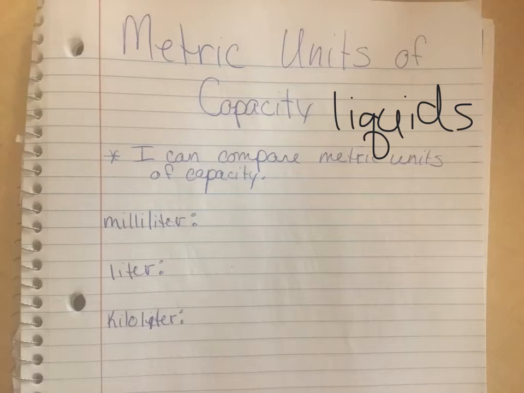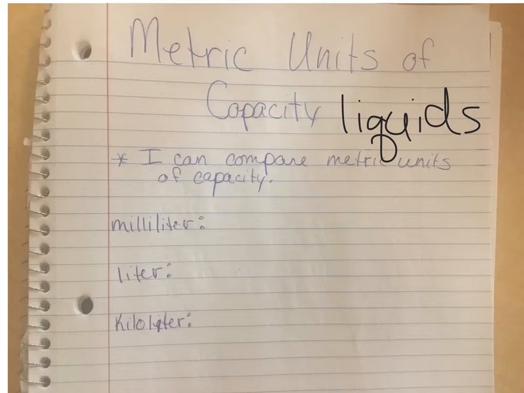So the first size that I want to show, this is called a milliliter. The milliliter is the smallest form of measurement of capacity, metric unit wise. Milliliters is going to be very, very, very small.